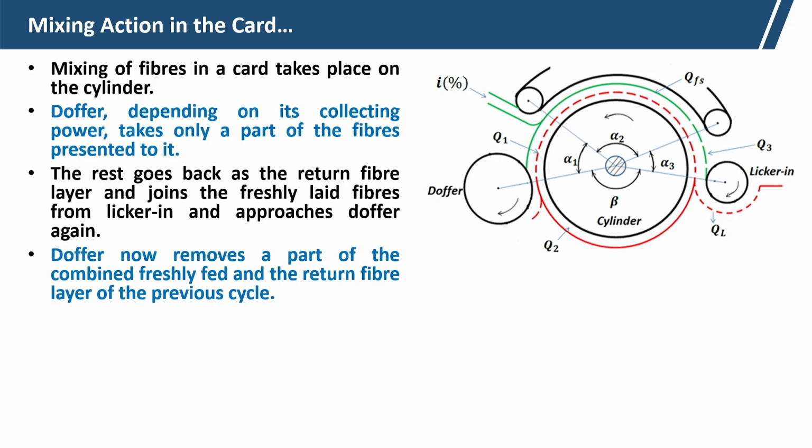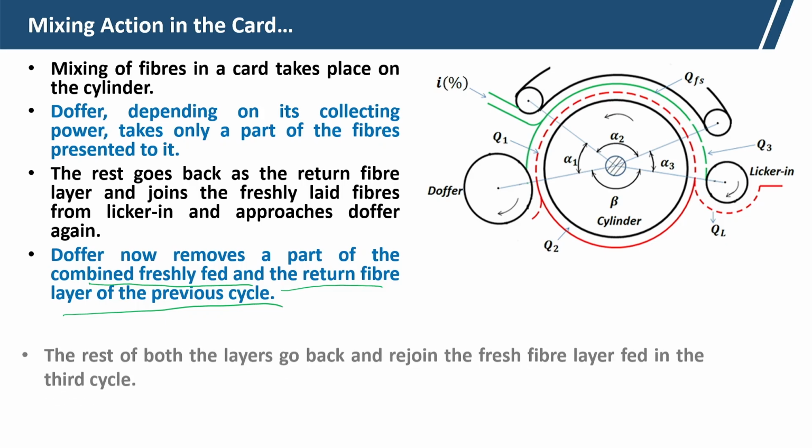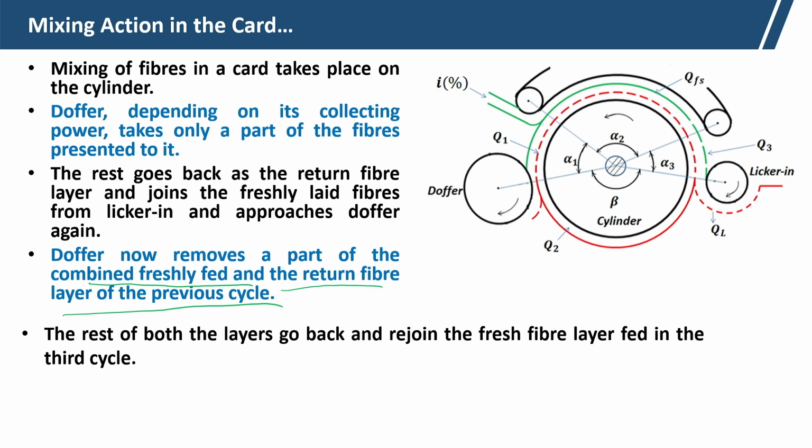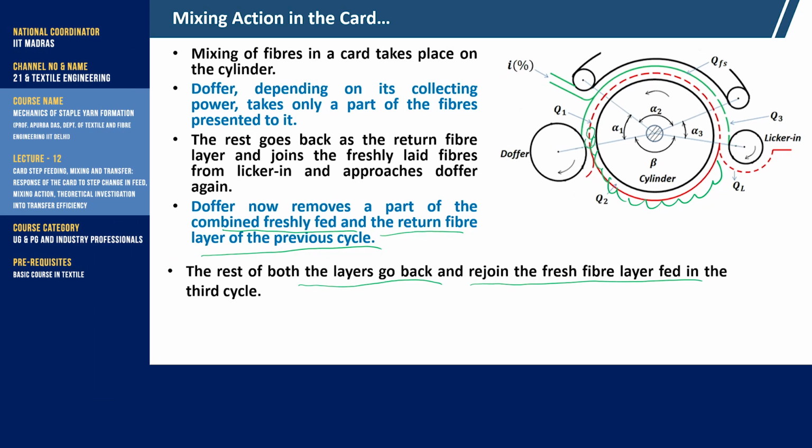So, the Doffer now removes a part of the combined freshly fed and returned fiber layer from the previous cycle. So, that actually helps the mixing. The rest of both layers go back, mix, and again it takes a portion of that fiber, again the mixed fiber is returned, and again rejoins the freshly fed fiber in the third cycle.